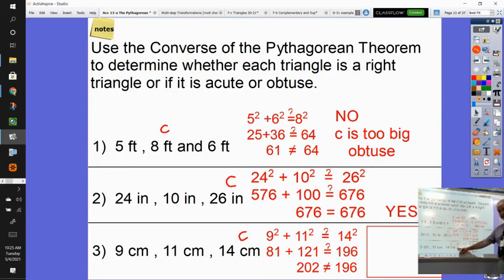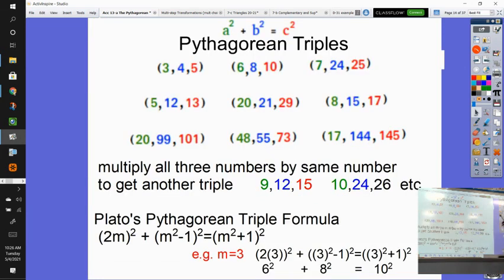So a squared plus b squared does not equal c squared. It is not a right triangle. Is it acute or obtuse? c squared is too small, so it is acute. Okay? So that's what we got.